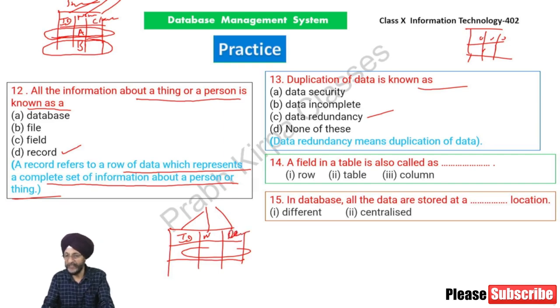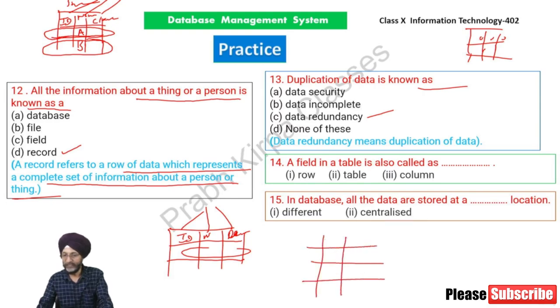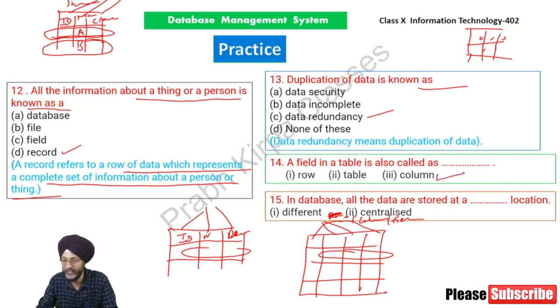A field in a table is also known as column. These are rows, these are columns. These are fields or columns. These are rows, or these are also called records. So our answer is, a field in a table is also known as column.